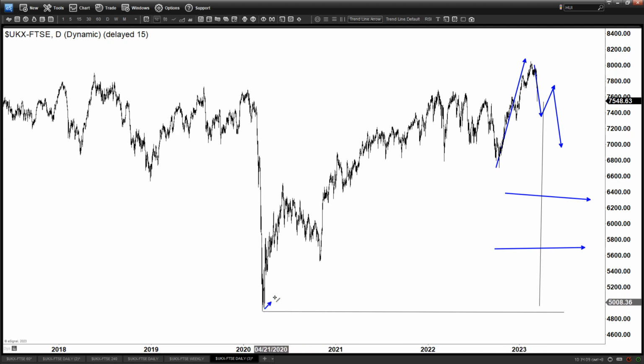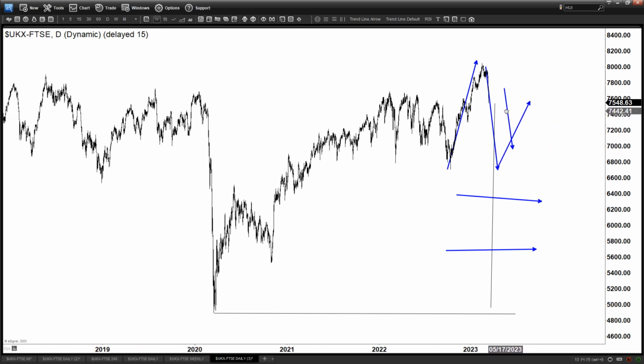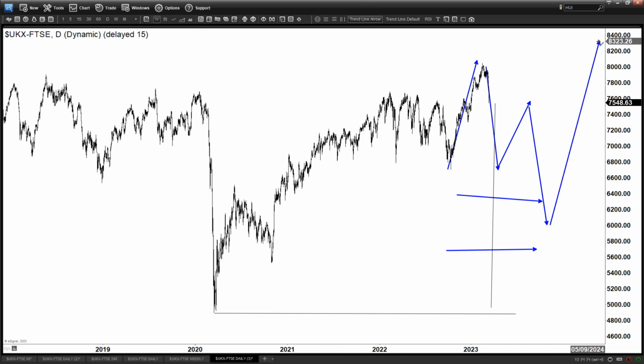If it is correcting the entire cycle, then the correction can be a lot bigger, right? Not only will you finish with just a 3 waves pullback here, because this is a shorter degree 3 waves pullback, but the 3 waves can be something like this. You can have a much bigger 3 waves and still be corrective, right?